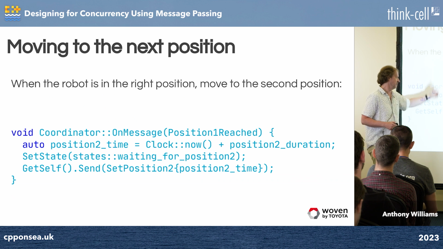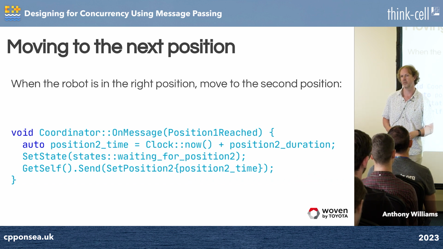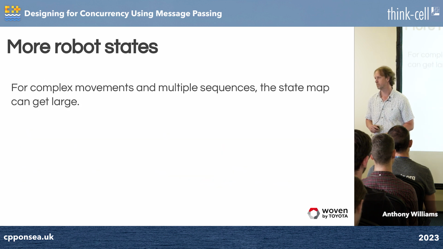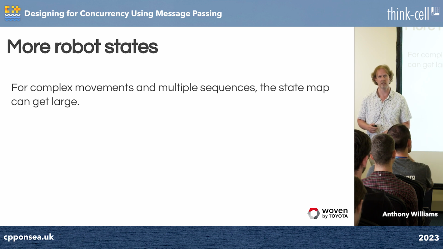And fleshing that out some more, when we reach position 1, we change the state to waiting for position 2, and then trigger the next move. So yeah, our state map can get large, and it did.